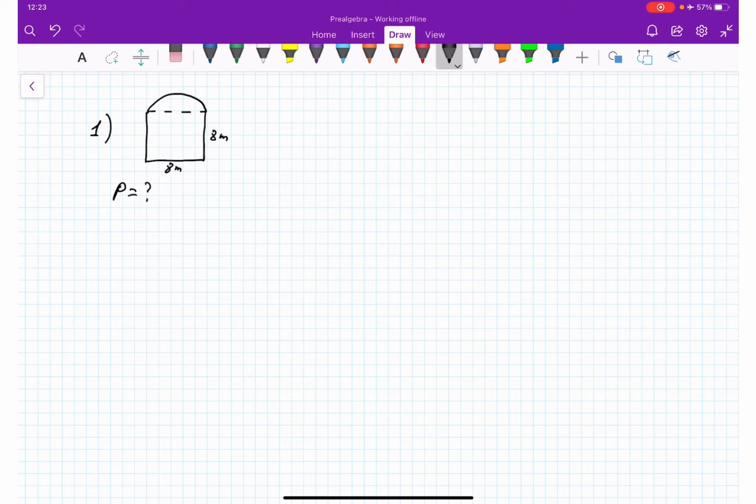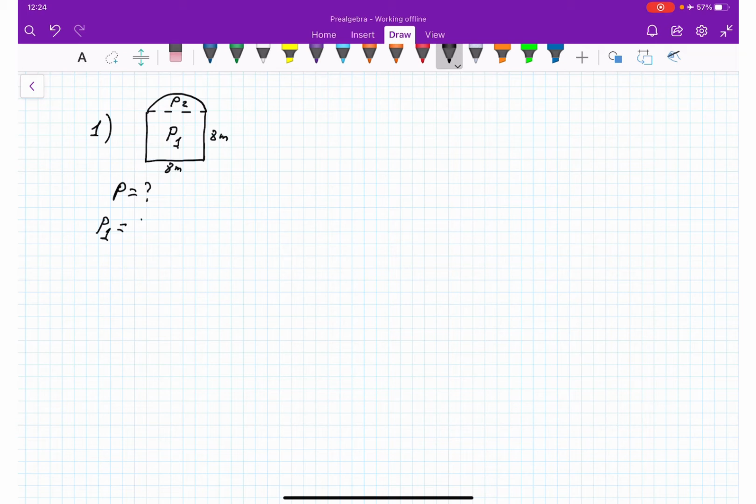So to find the perimeter of this figure, let's mark this P1 and this piece P2. So P1, as we can see, is nothing else but a square, right? Because all sides are equal.